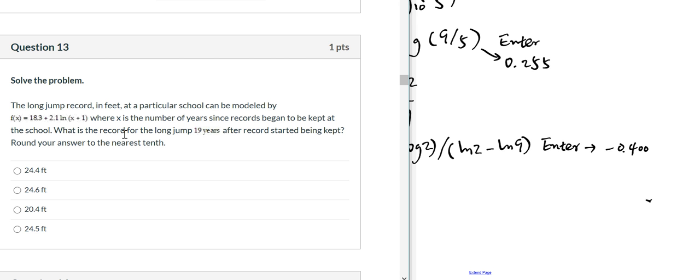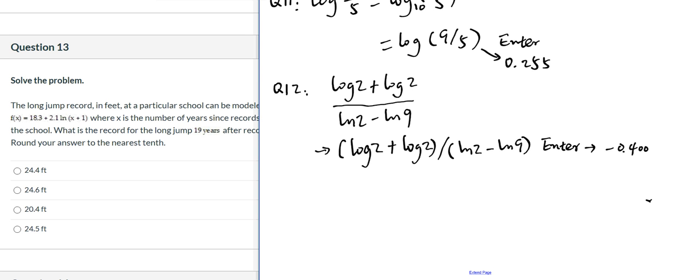What is the record for the long jump 19 years after records started being kept? Round your answer to the nearest tenth. So here x is the number of years, and here it is 19 years after. So plug in 19 right here, and you will be done.